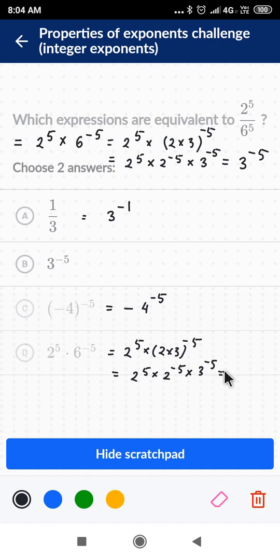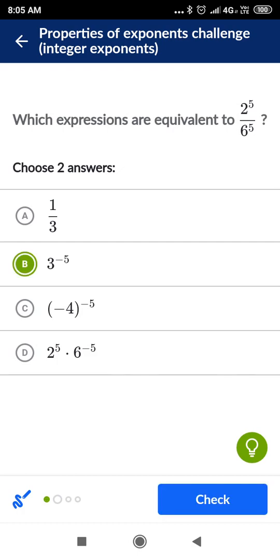No need to multiply by 1. So this is equal to 3 to the power minus 5. We want 3 to the power minus 5. A is not the answer. B is correct. C is not the answer. D is correct. So B and D are the correct answers.